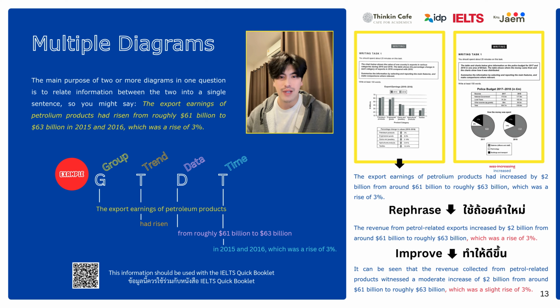Then you could also add some information about the time in 2015 and 2016, for instance. In this description, you can see that we have a table as well. So you might add more information to the content of your written response.